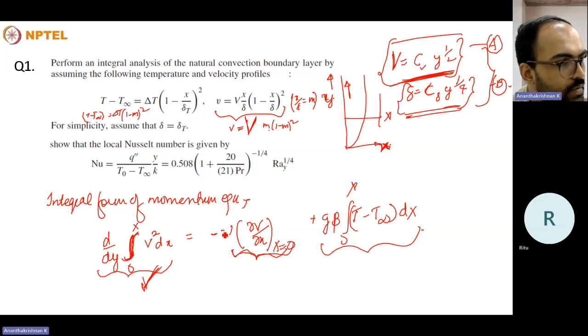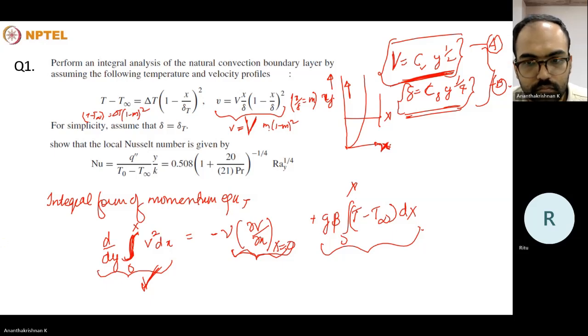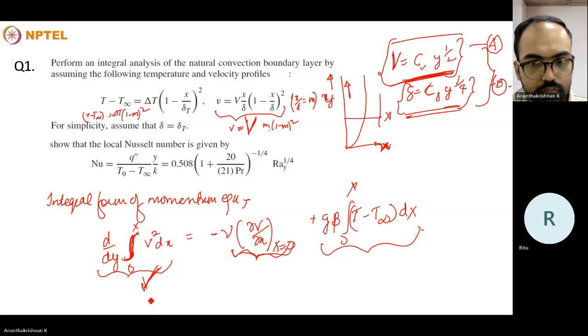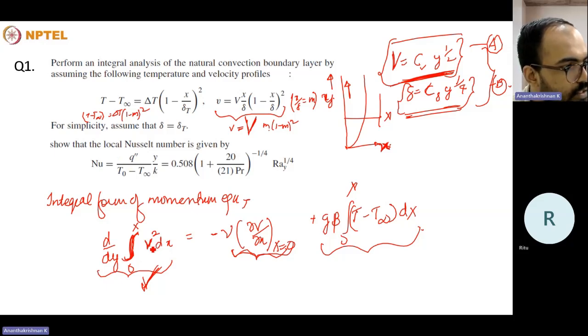So we can substitute that straight away. Small v is equal to capital V into m into (1 minus m) squared.